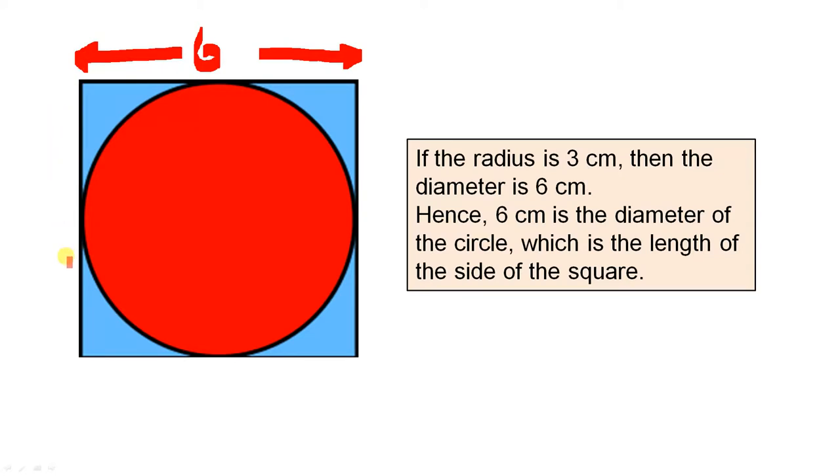And that's also the same here, because remember, a square has equal sides. So we have 6 centimeters there, 6 centimeters here. So that 6 represents the diameter of the circle and the length of the side of the square.